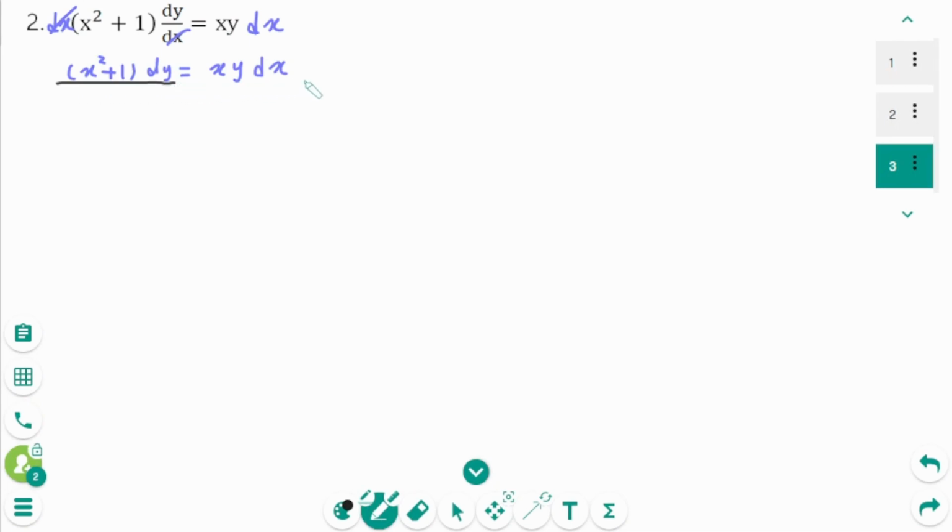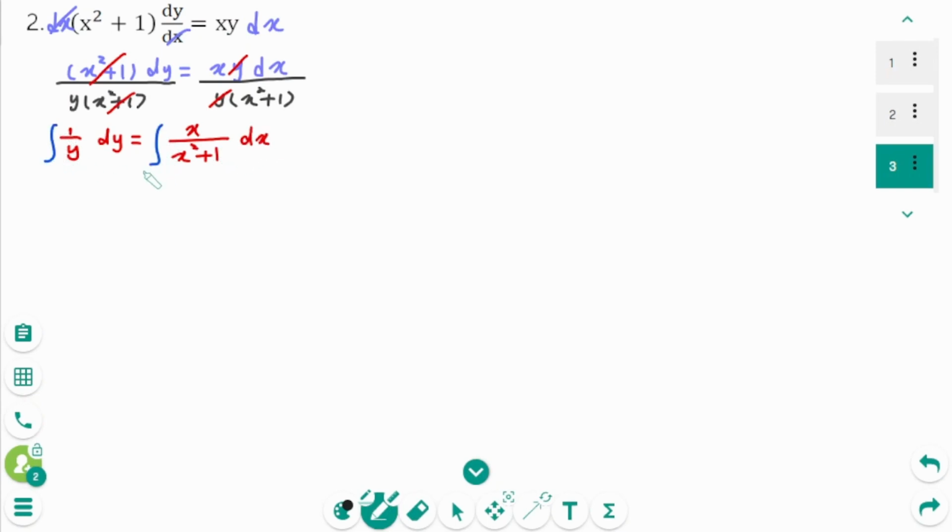Divide by y times x squared plus 1 on each side, then cancelled, 1 over y dy equals, cancelled, x over x squared plus 1 dx. Integrate both sides. On the left, ln absolute value of y equals, on the right, use u substitution.